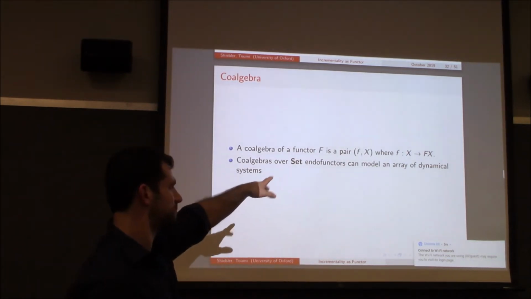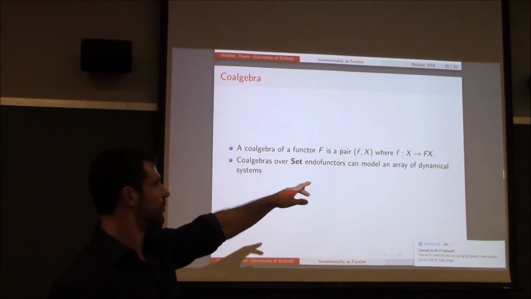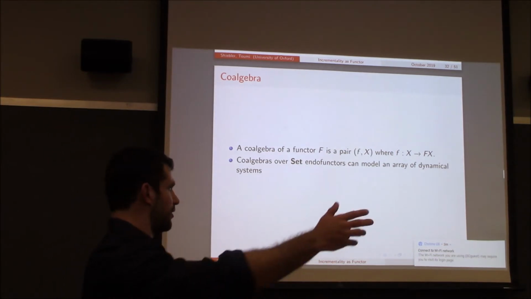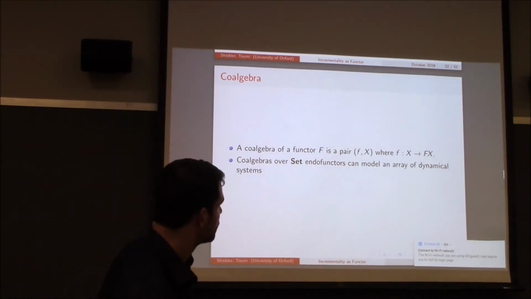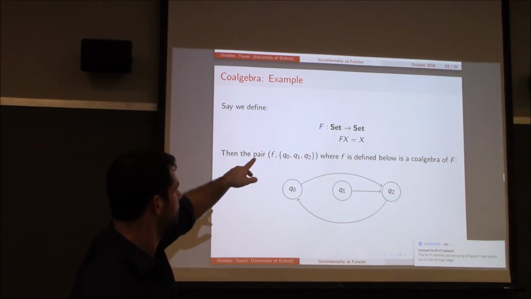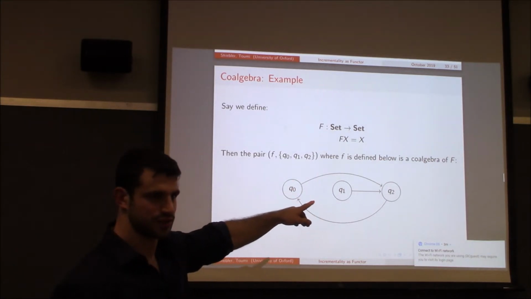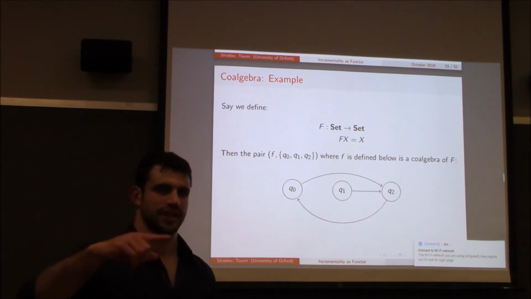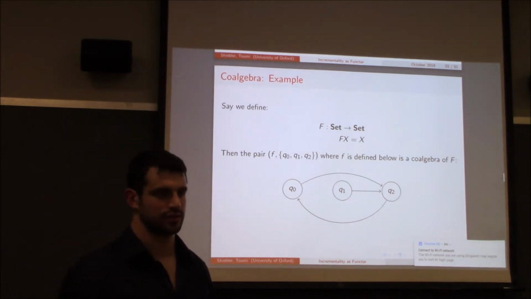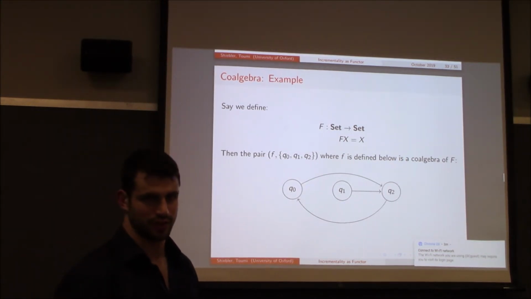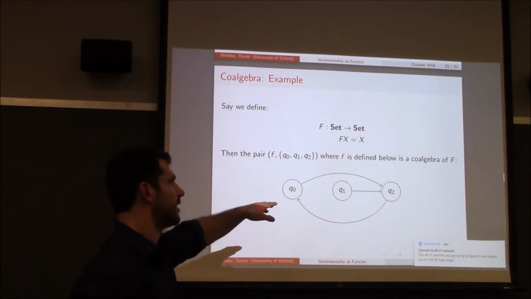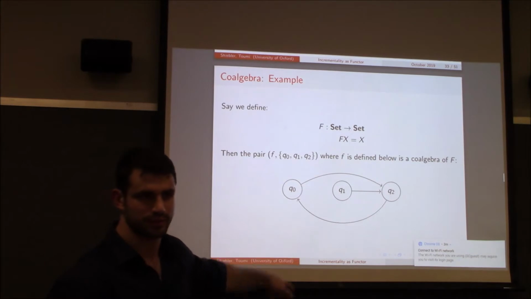It's a pair of a set and a function, where the function maps that set into some other set F of X. If our functor is the identity functor, then coalgebras are just functions from a set into itself. This could be a permutation, or the constant function that maps everything to one element.